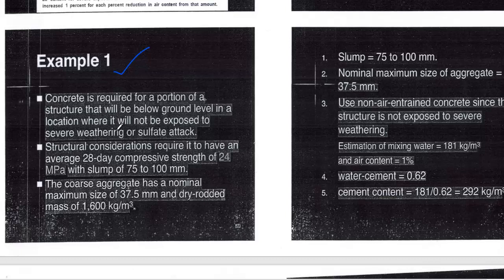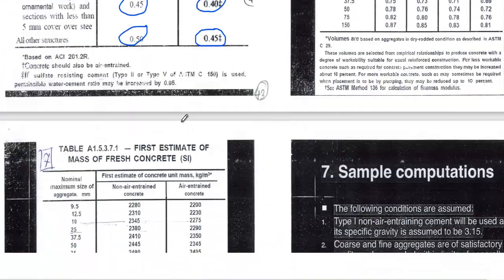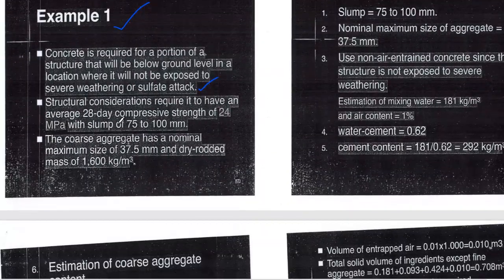So the concrete will be underground where it will not be exposed to severe weathering or sulfate attack. That means you don't have to consider what I just discussed, this extreme or severe exposure condition. Are you getting my point?